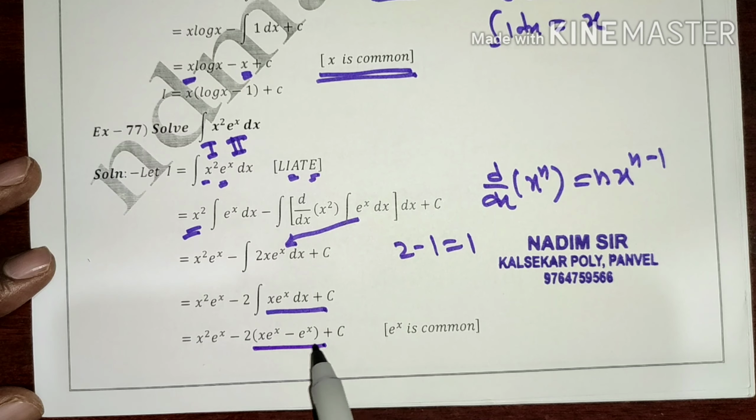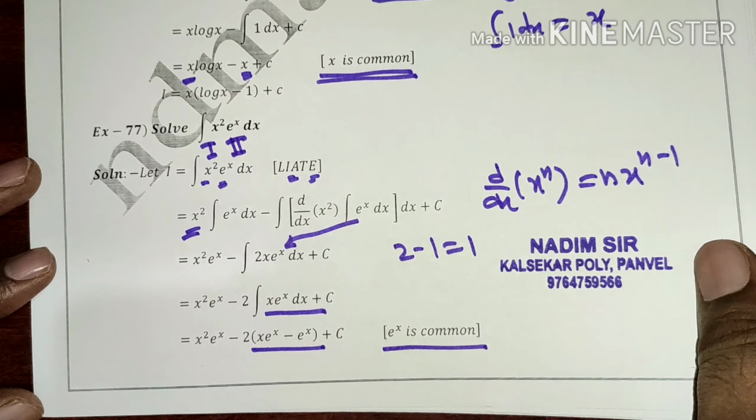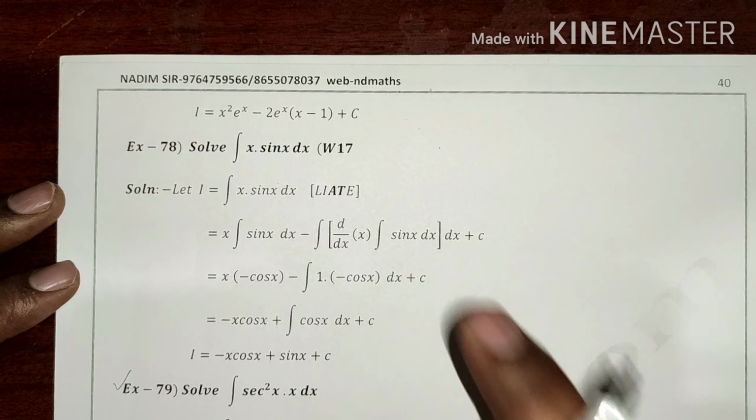This is the integration of x e raised to x plus c. Since e raised to x is in both terms, we take e raised to x common from both terms. That's why we got this step.